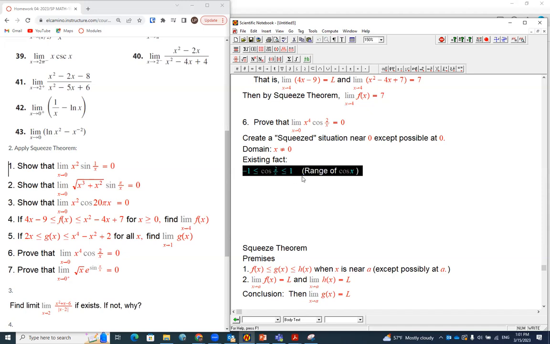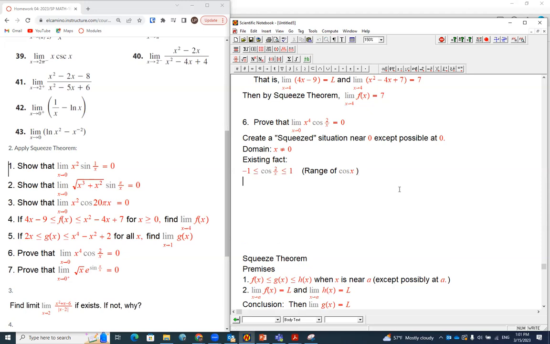So from this fact, and we know that x is not equal to 0, x to the power 4 is positive. So since x is not 0, x raised to the power 4 is a positive number.